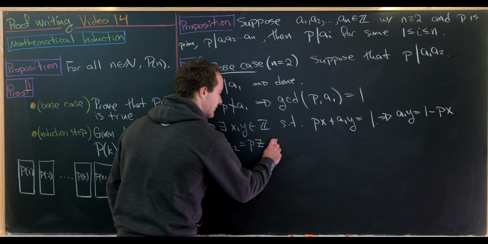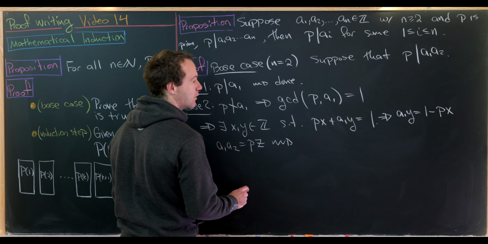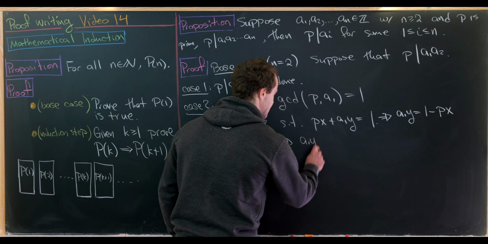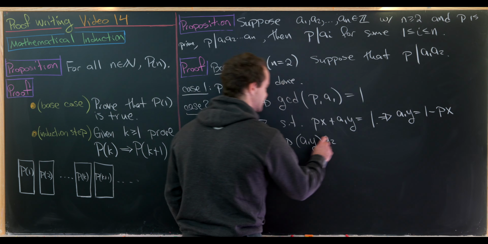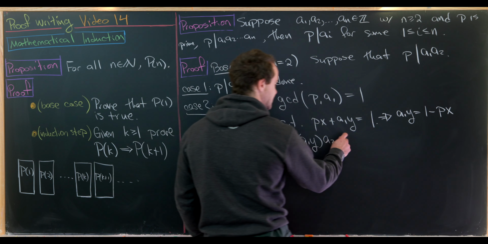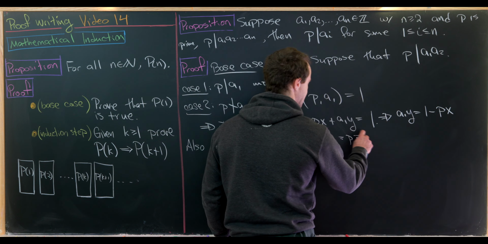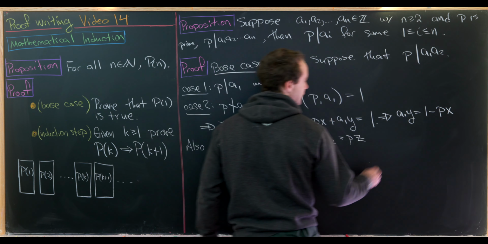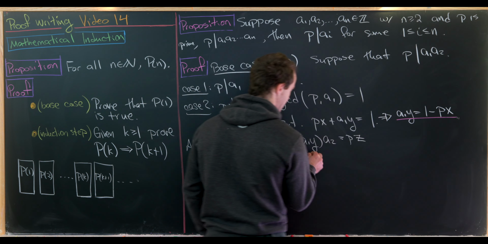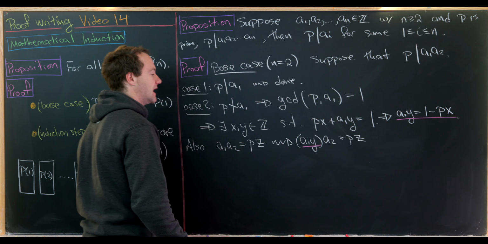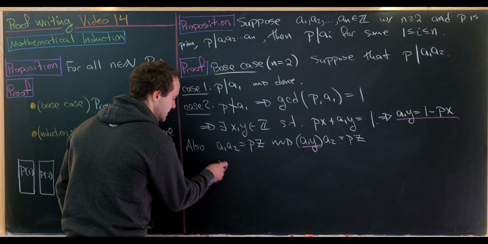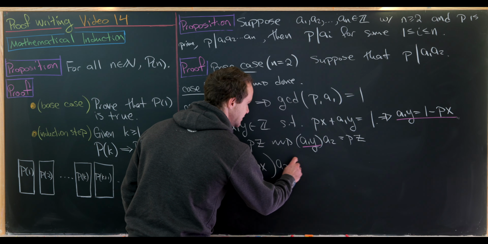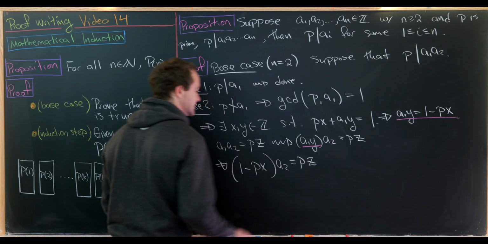So we can do that by multiplying this entire equation by y. That will give me a1 times y times a2 is equal to p times z. And then from there, I can make my replacement. So I'll replace a1y in this equation with 1 minus px. So that means I have (1 - px) times a2 is equal to p times z.